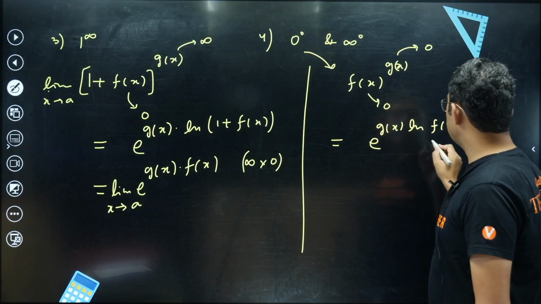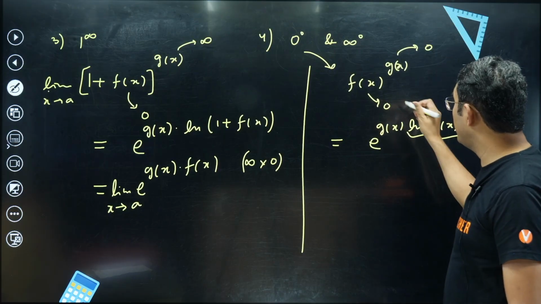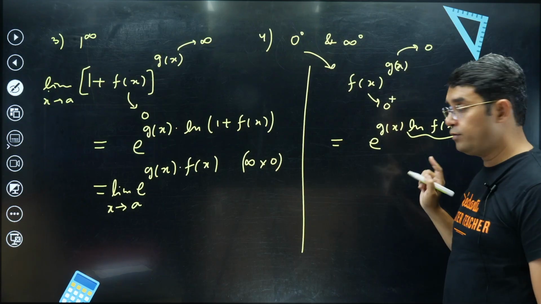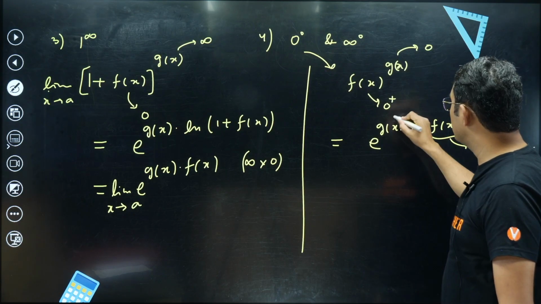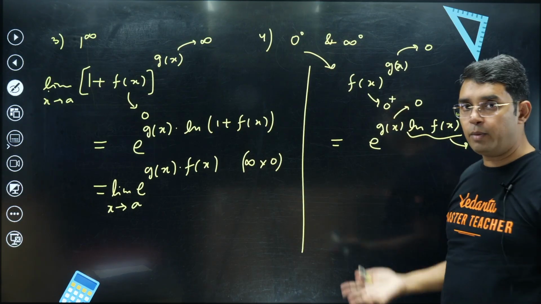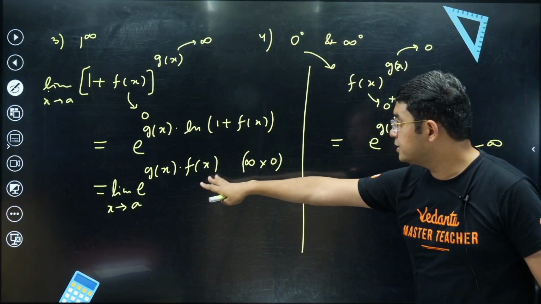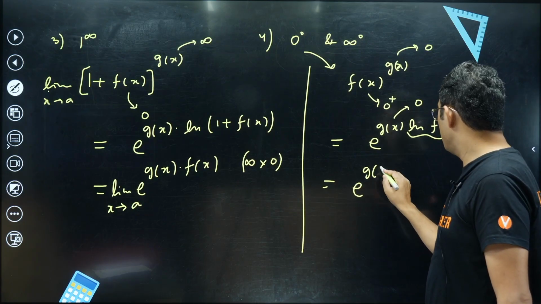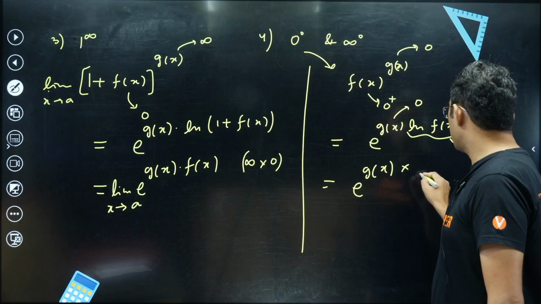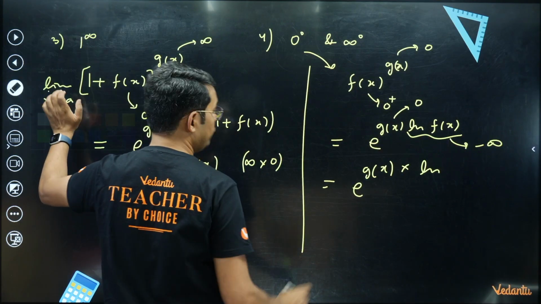Now because fx is tending to 0, so this will tend to minus infinity, provided this is tending to 0 positive. So that will be tending to minus infinity, and gx is tending to 0. It can be 0 plus or 0 minus, doesn't matter. So this product will be 0 into minus infinity form, similar to here. So after that you may use LH rule, or if you are looking for LH rule, then you have to do one thing.